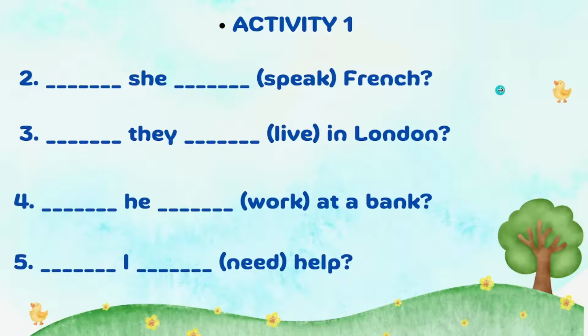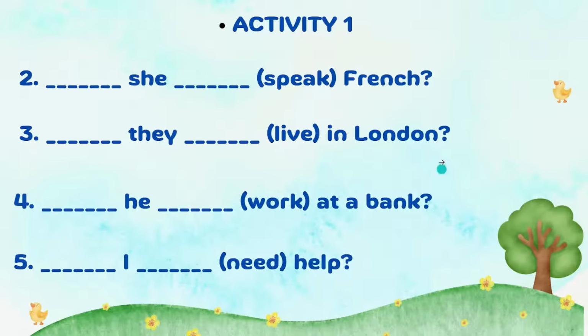Alright, for number 4. Here again, for the pronoun he. What are we going to use here? It's going to be does, of course. Because of this pronoun he, it's going to be does he work at a bank?